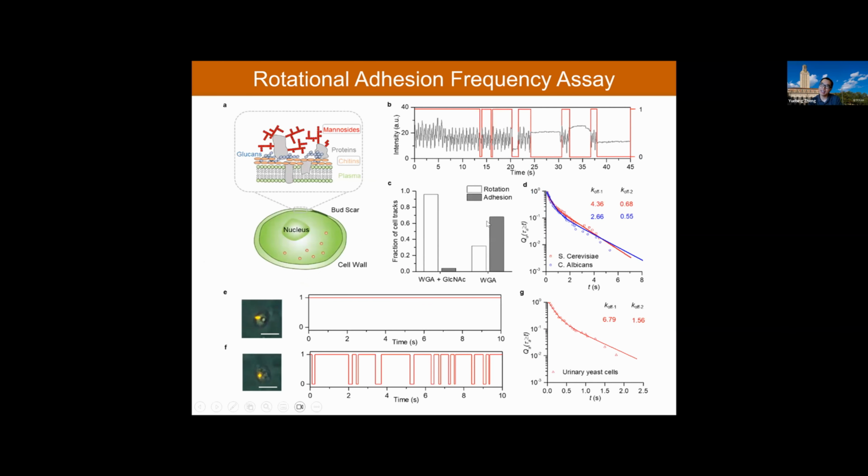And since it's rotating, we can develop this into a rotational adhesion frequency assay, which is very important for biology because cell-cell interaction and adhesion is at the core of many, many biological functions. So we can monitor the rotation behavior of cells when they interact with the substrate or other cells. Through statistical analysis, we're able to derive the adhesion efficiency of the cells simply by monitoring this rotation behavior.